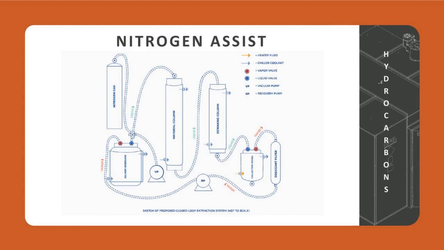And so what happens here is after you've gone through your extraction process, you have a nitrogen tank. You can see that in the diagram here, the nitrogen gas over there on the top left. And what happens is you'll open a valve and release the nitrogen into your system. That nitrogen then creates a wall of pressure that moves through the system. Nitrogen is typically stored at a much higher PSI than your hydrocarbons are, and so there's a lot of pressure behind it.